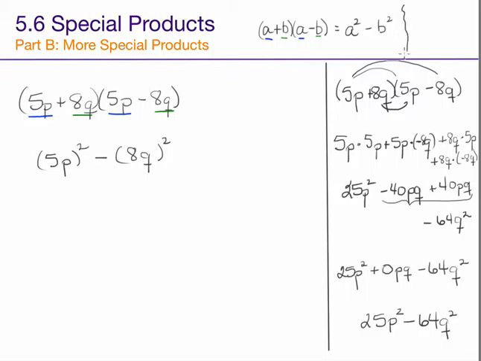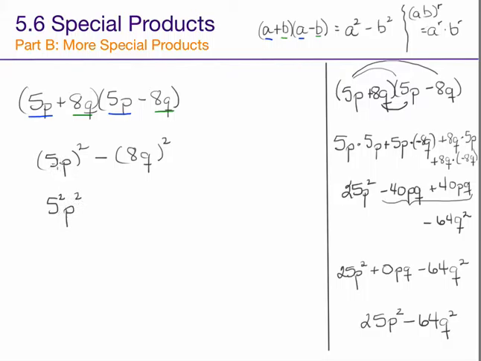Now, remember that product rule for exponents? A product raised to a power is equal to the product of each of the factors raised to that power. That's what's happening here. If ab to the r is a to the r times b to the r, then 5p to the 2 is 5 to the 2 p to the 2.